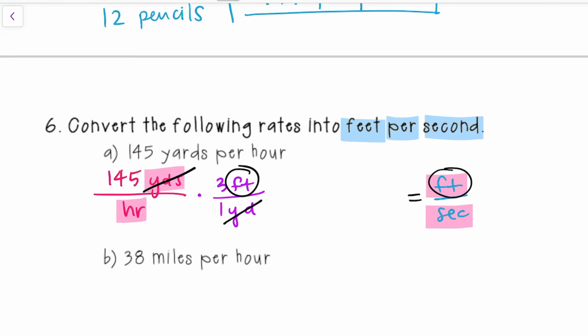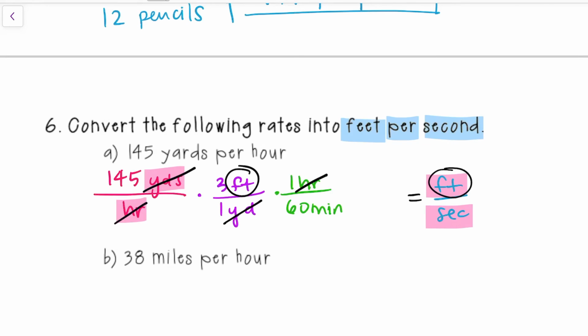Now we're going to convert our hours into seconds. I don't know how many seconds are in an hour, but we do know how many seconds are in a minute and how many minutes are in an hour. So we just have to take the step in between. In 1 hour, we have 60 minutes, and that's a common thing. To go from seconds to hours or hours to seconds, you're going to have to go through minutes.